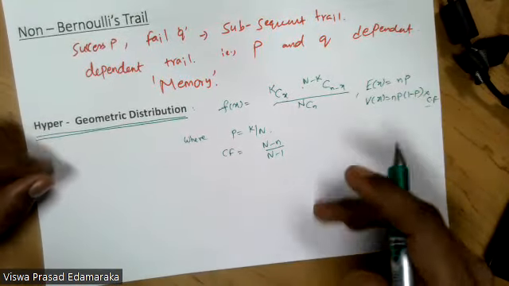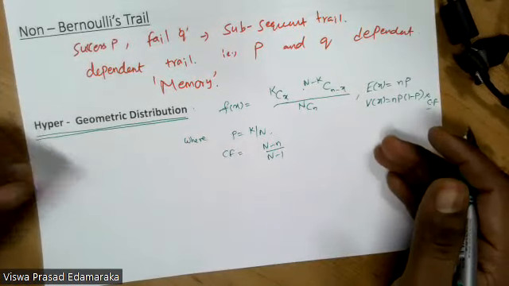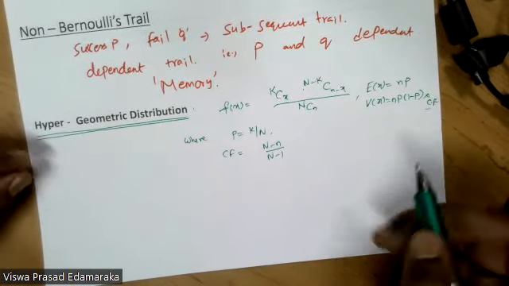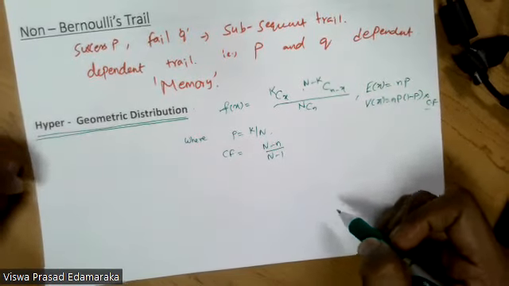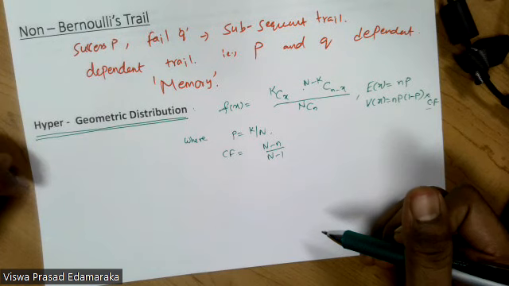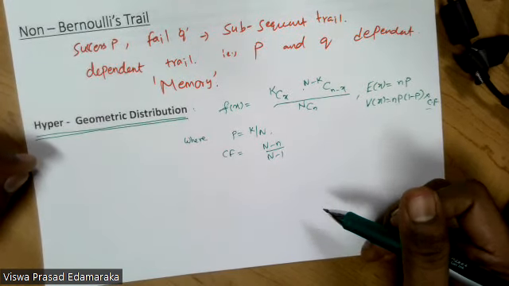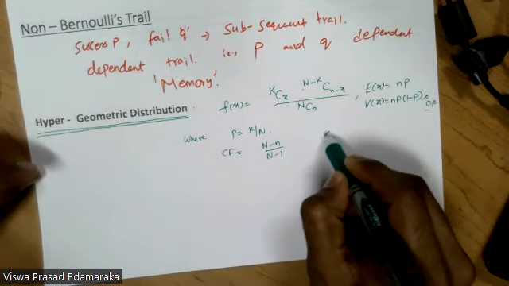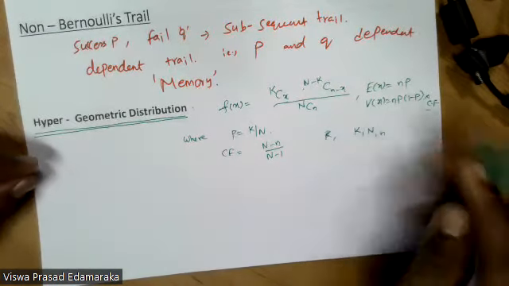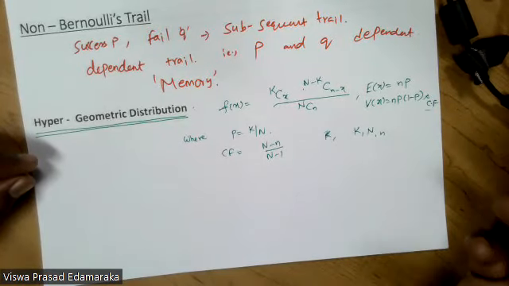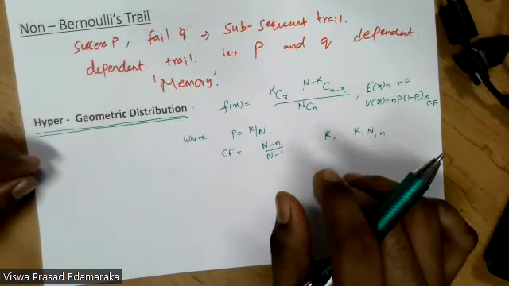I have a technique to find the hypergeometric distribution. I'm going to do it now, but it is better to remember the formula from an exam point of view. When I was in 511, we got a problem regarding hypergeometry. He had given K values, N values, and n values directly, so we simply need to substitute these values in the formula.